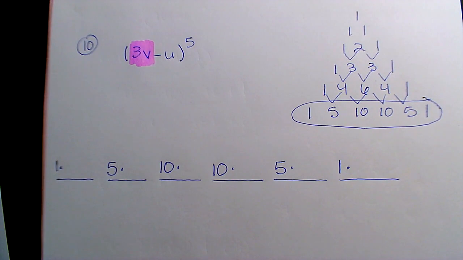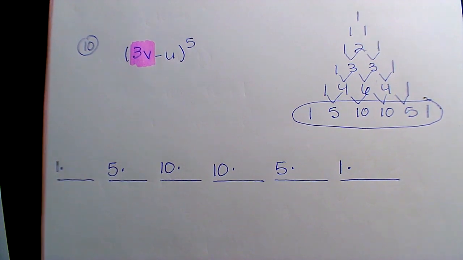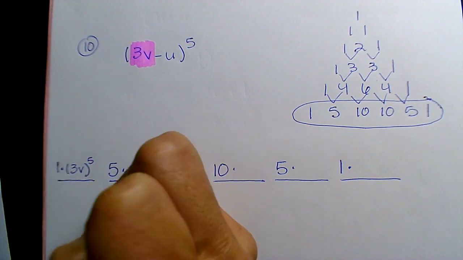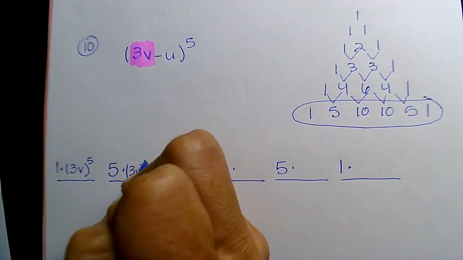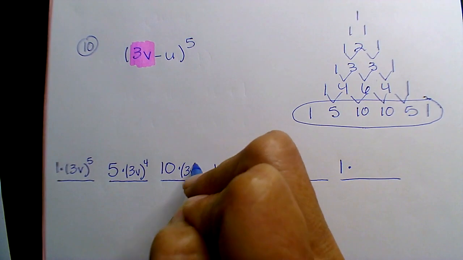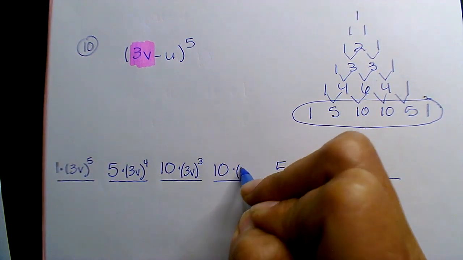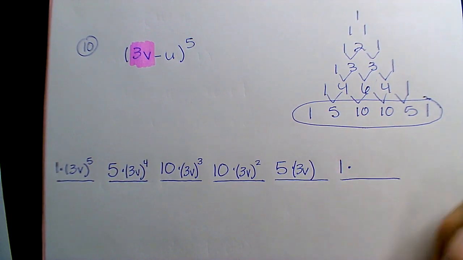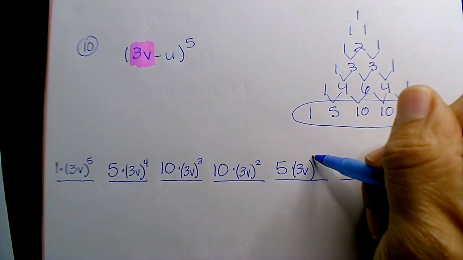So I get 3v to the 5, 3v to the 4, 3, 2, 1, and then I'm just going to leave it off.